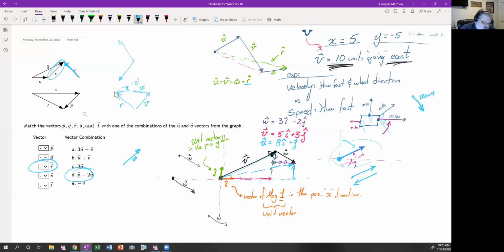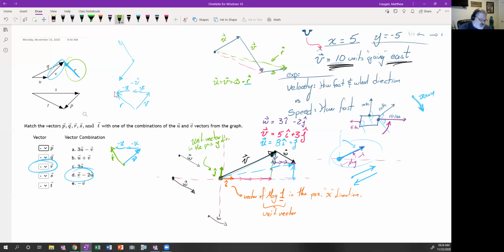And then minus 2U, that's a minus U, that's a minus U. So that would give us a resulting vector from this tail up to that head, and that looks a lot like R. Fair? That's all that question's asking you to do.